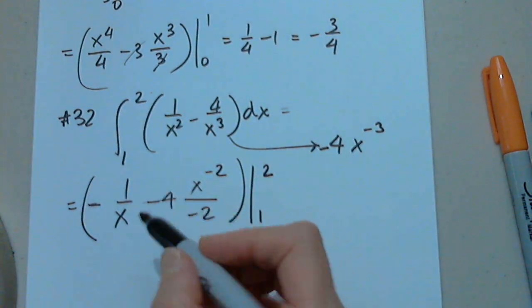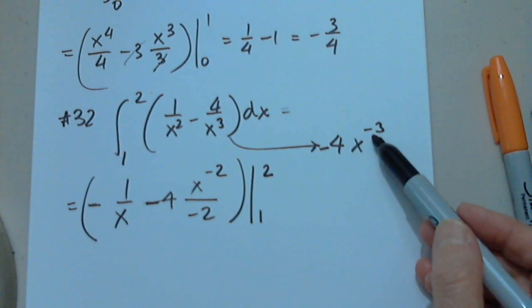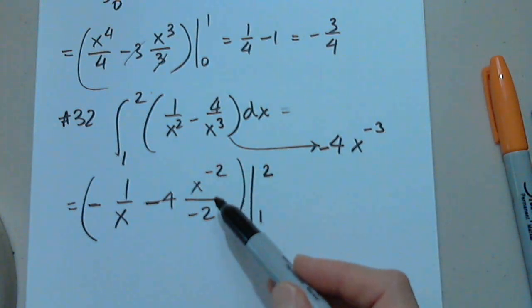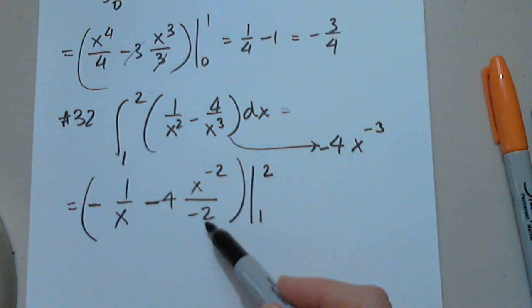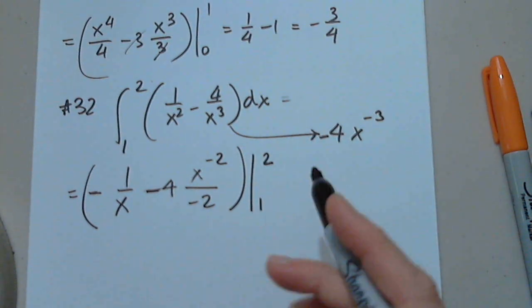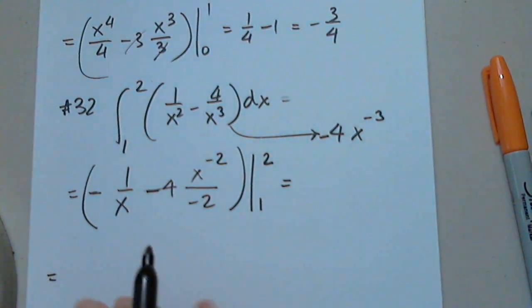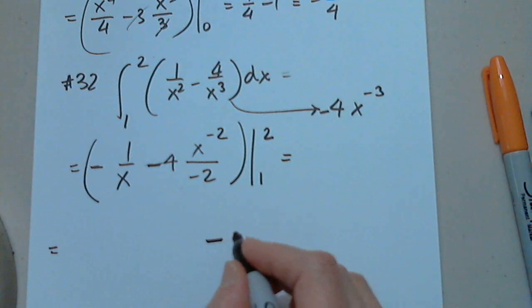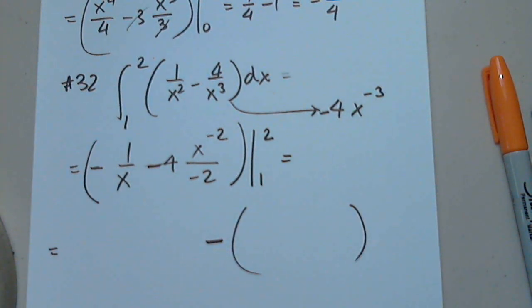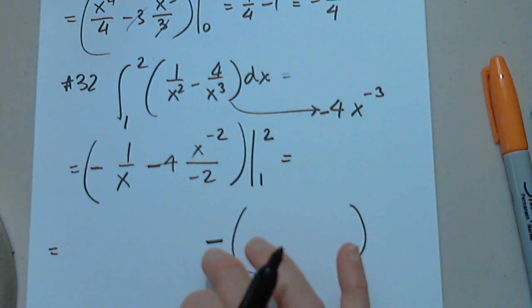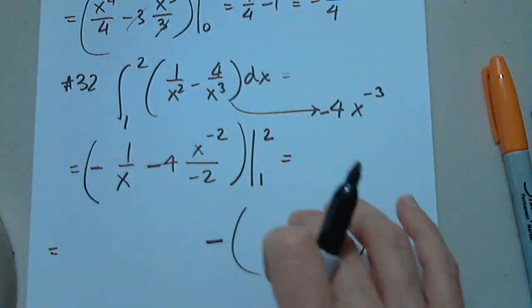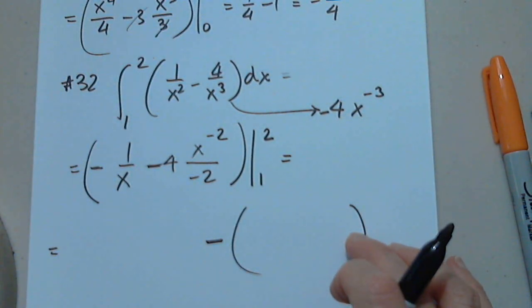So I copied negative 4, I increased the power by 1 and divided by exactly the same quantity. Now I have to plug in 2 everywhere and subtract when I plug in 1. It's wise to put parentheses and minus in front because you may forget to distribute to all terms.